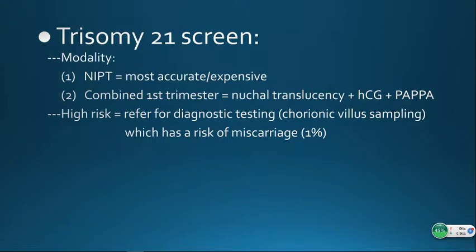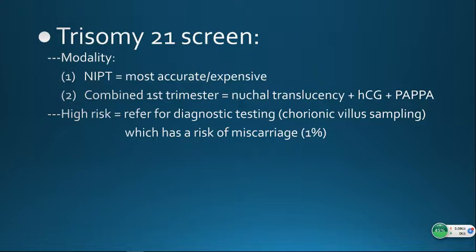Otherwise, the mother can choose the combined first trimester testing, which is a combination of three parameters. So nuchal translucency on an ultrasound, the mother's serum beta HCG, and also something called PAPP-A.